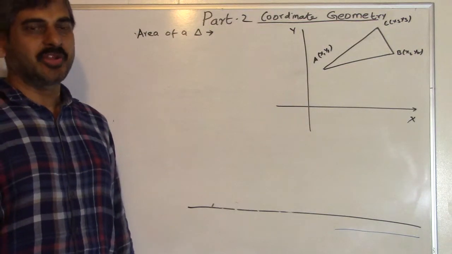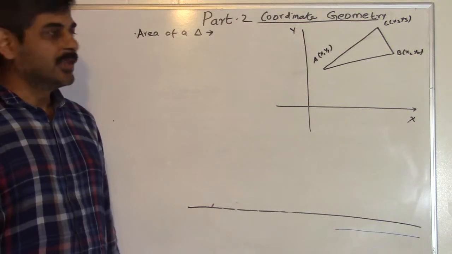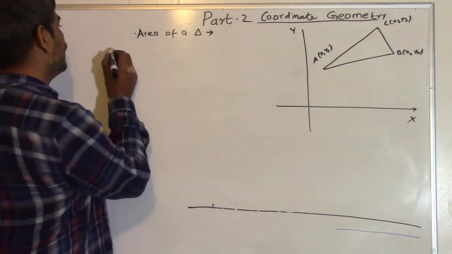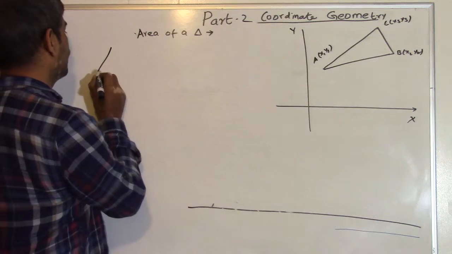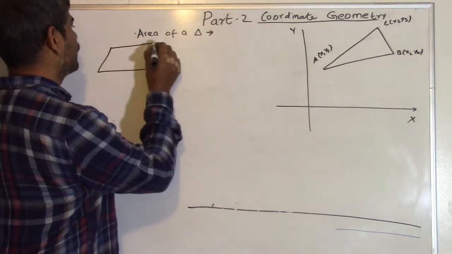So we use a trick from geometry: the area of a trapezoid.